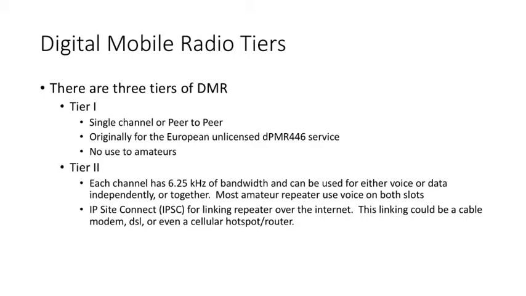The internet you may use cable modem, DSL modem, maybe it's a cellular connection, a hotspot router type deal. And when we're saying linking, this IP site connect, what it's doing, folks, is just taking the place of where we have built links before, say between VHF repeaters.